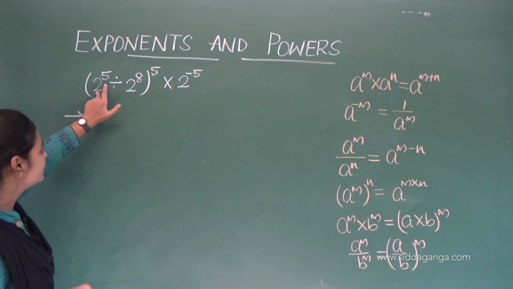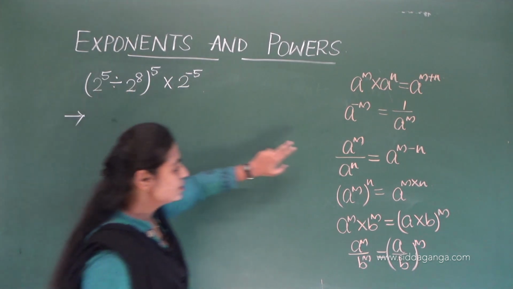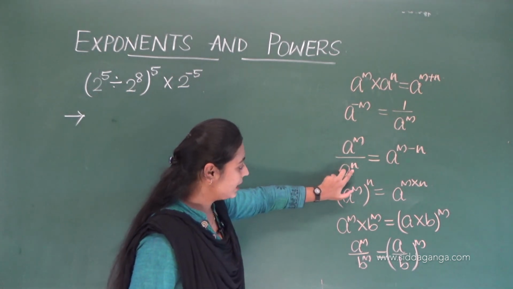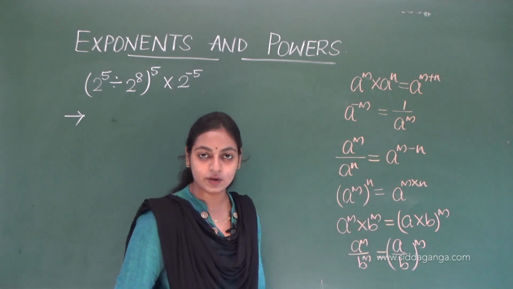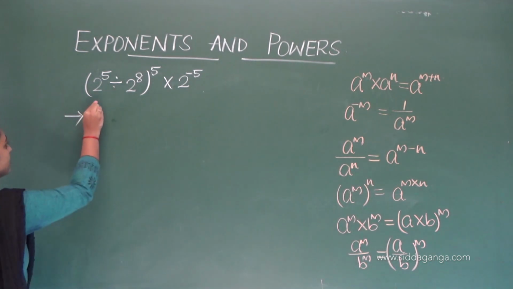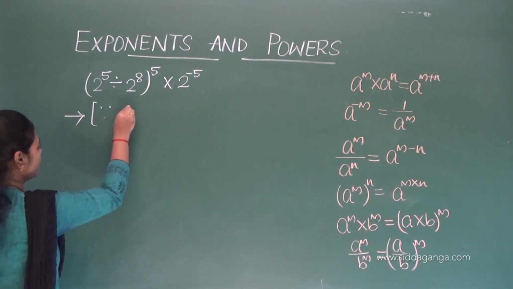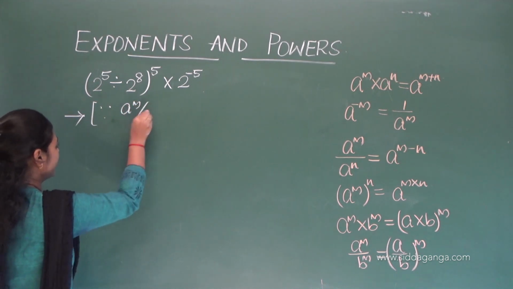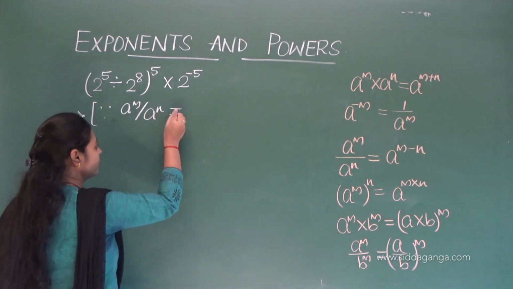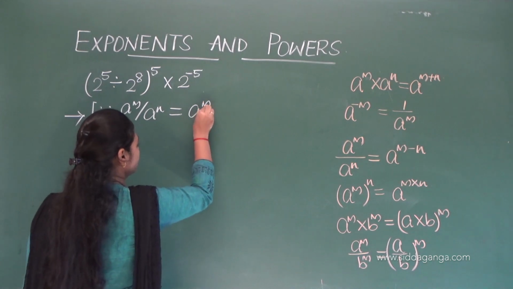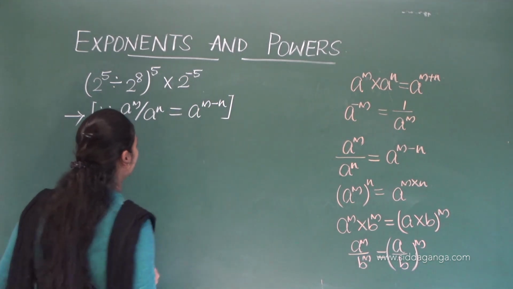The base is the same and there is a division condition. So you can use a power m by a power n is equal to a to the power of m minus n. Since a to the power of m divided by a to the power of n is equal to a to the power of m minus n.